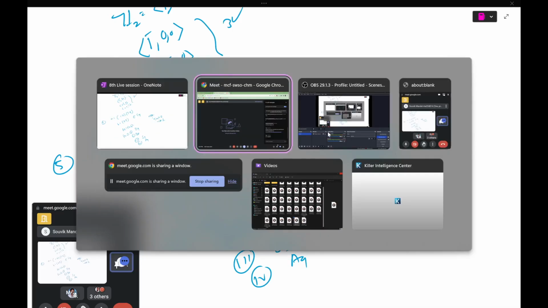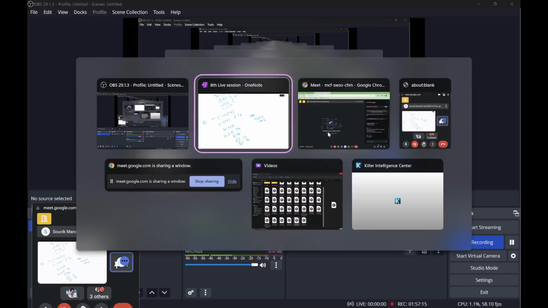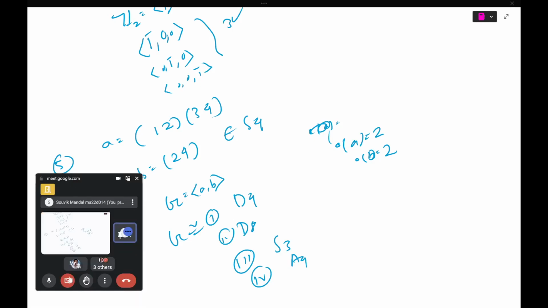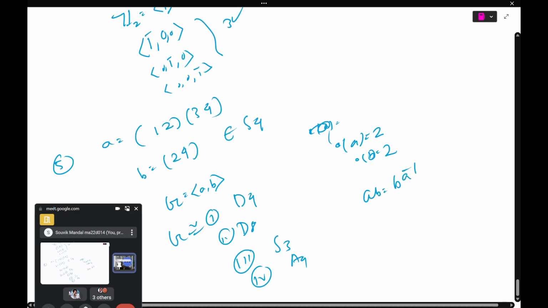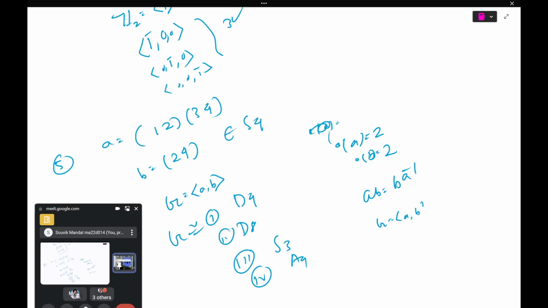Then what is the argument? Anyway, you can check one thing: A B is equal to B inverse A. So basically G is generated by A and B such that A squared equals B squared and A B equals B inverse.